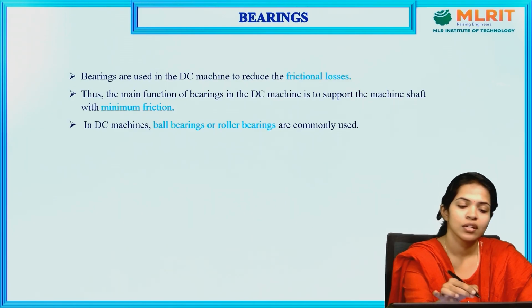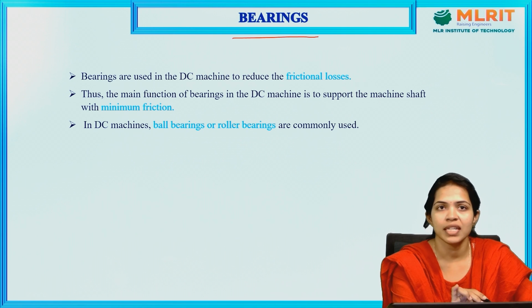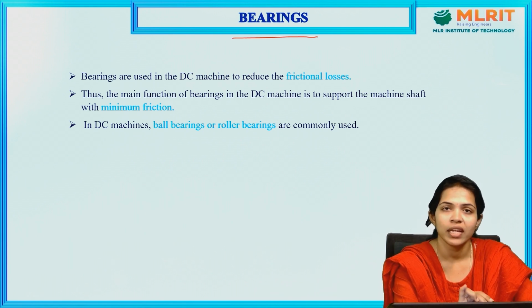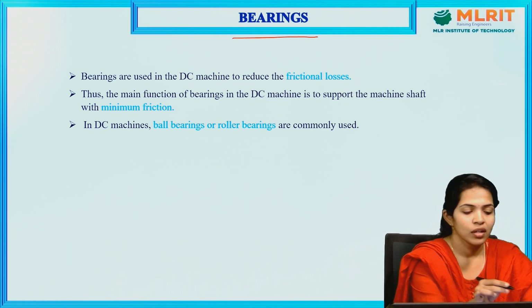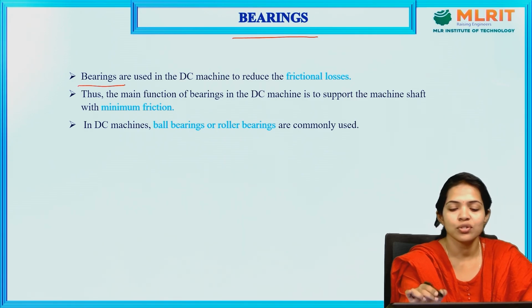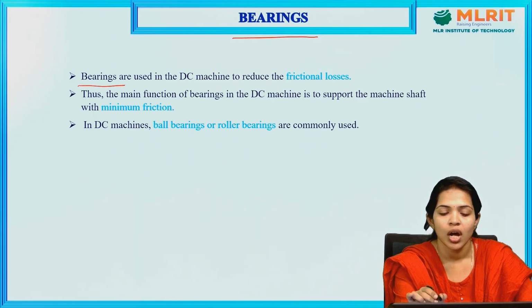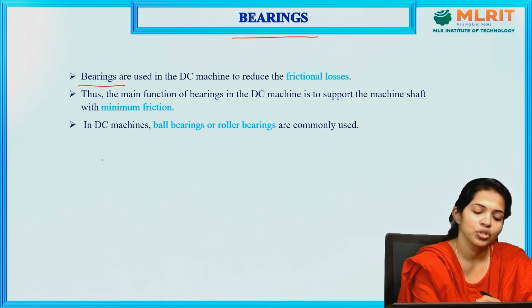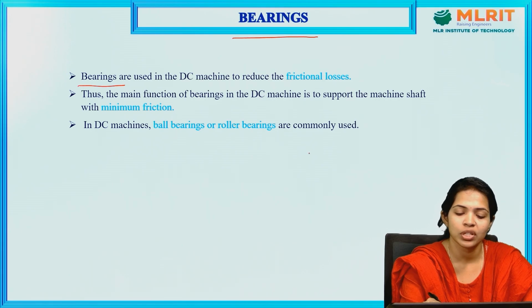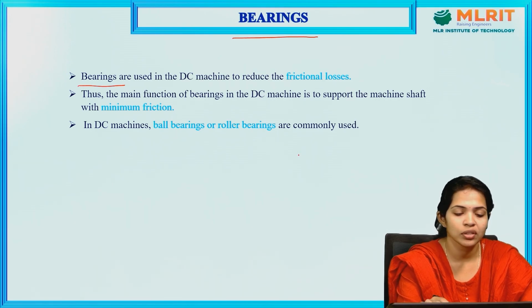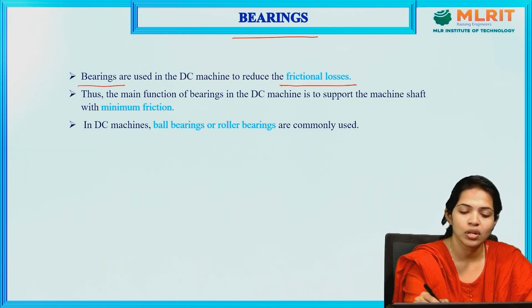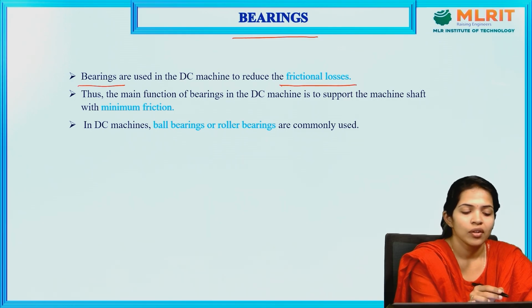And the last constructional part in a DC machine is the bearing. Bearings are fixed at the ends of the shaft in a DC machine. The shaft is the part upon which your rotating part and the entire machine is housed. The shaft is protected with the help of bearings. To avoid frictional losses in the machine, we use bearings.